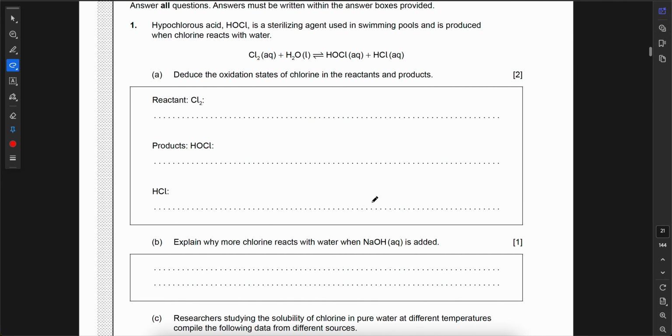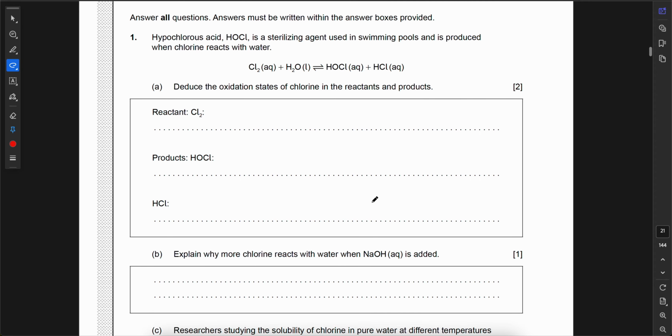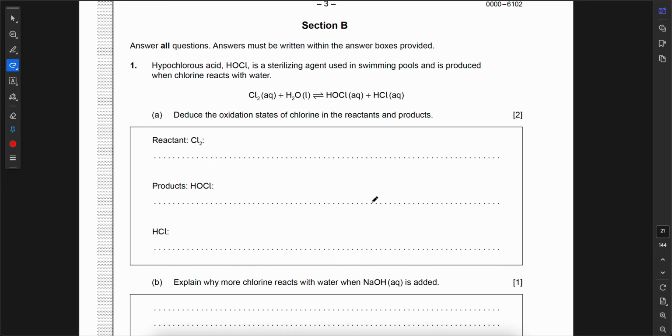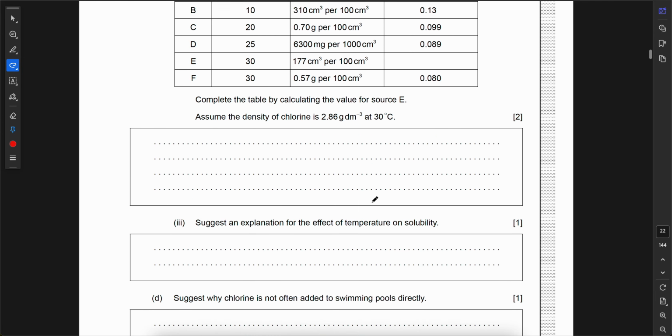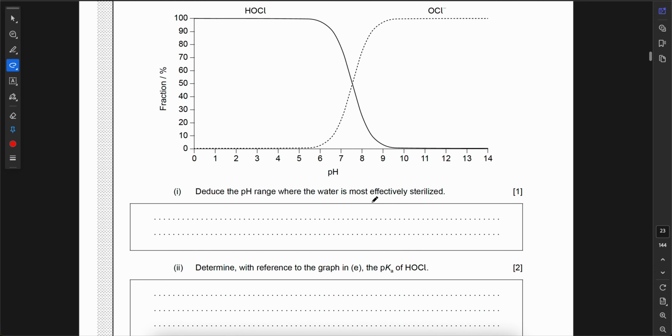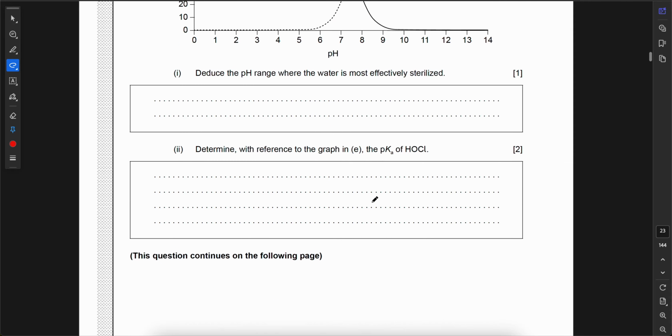Okay, so this is an example of paper 1B. This is how the paper 1B database questions look. As you can see, there is also data, a paragraph or a graph provided by the question, so you need to know how to interpret and analyze this data or graph to answer the question.